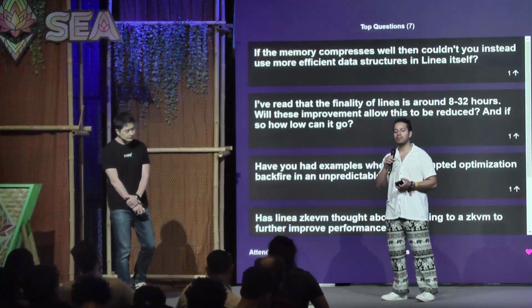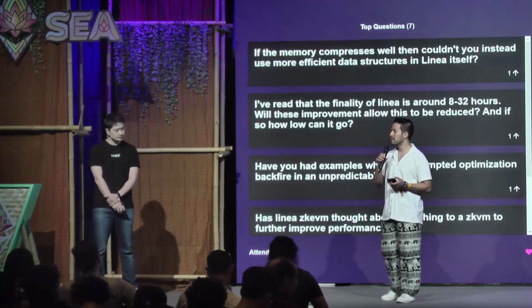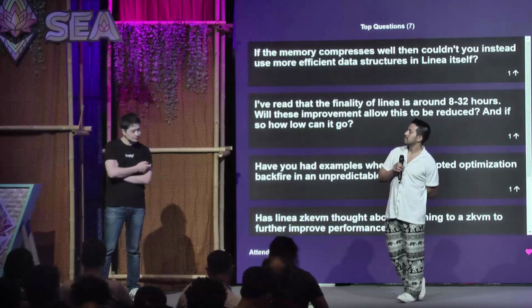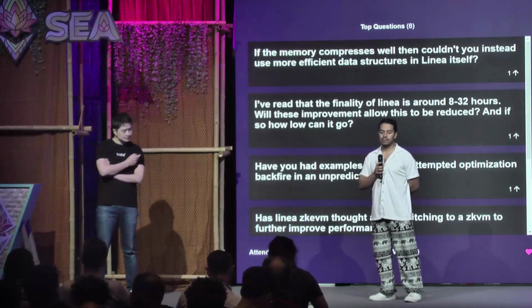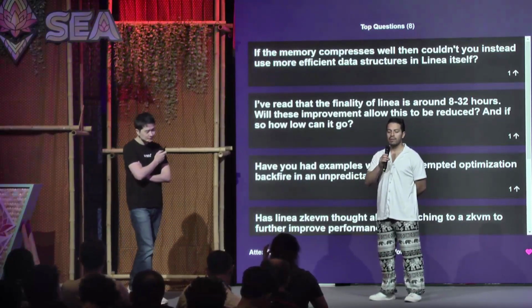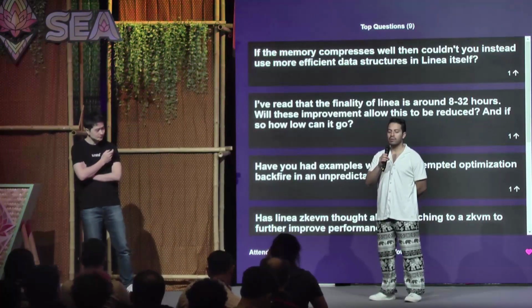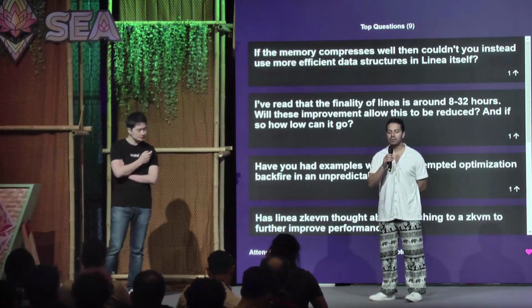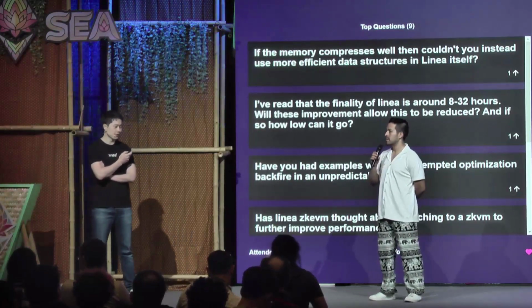If the memory compresses well, then couldn't you instead use more efficient data structures in Linea? Yeah, actually, that's true. We are trying to optimize our data structure as well.